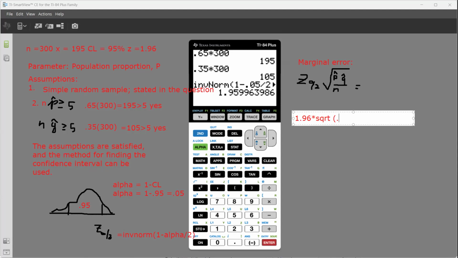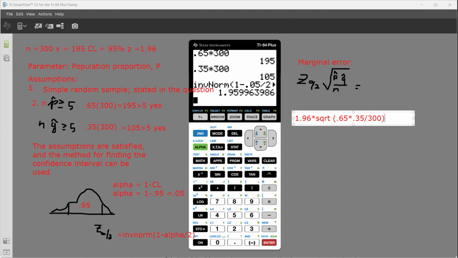Now remember, p hat was 0.65, right? So we have 0.65 times Q hat, which is 0.35, divided by N. So we're going to divide that by N, which is 300.